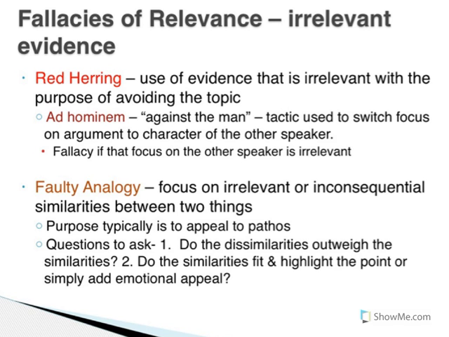So one type of red herring fallacy is an ad hominem, which means against the man, where you switch the focus from the argument, whatever this argument happens to be about, the topic, the position, and instead you turn the argument over to the character of the speaker, of the other side.